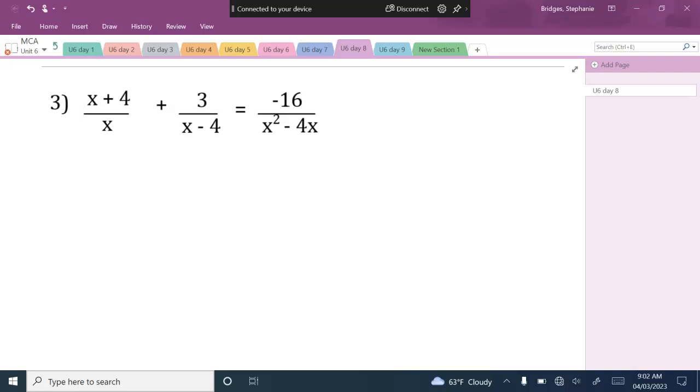What is it that x cannot equal? What makes your denominators turn to 0? Once you state your restrictions, then I want you to go through and figure out what your LCD is.